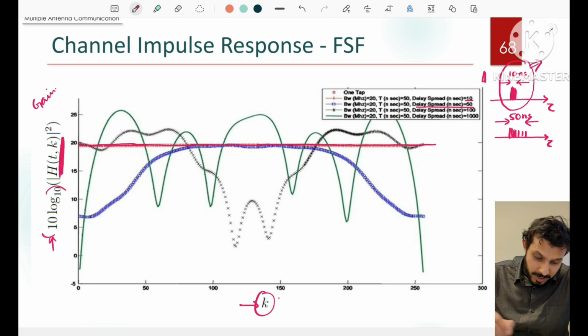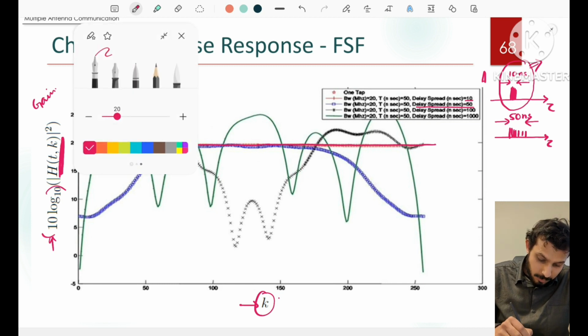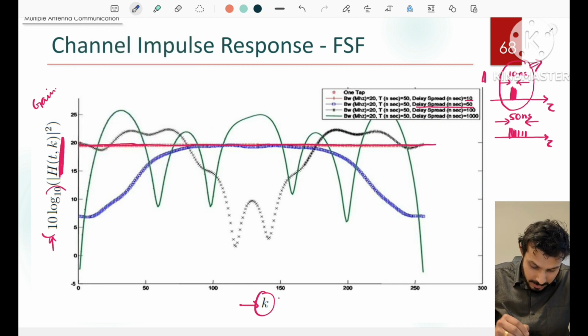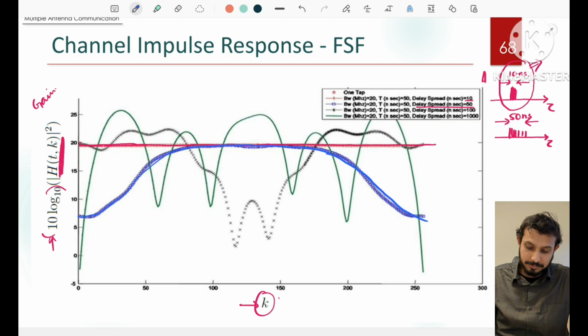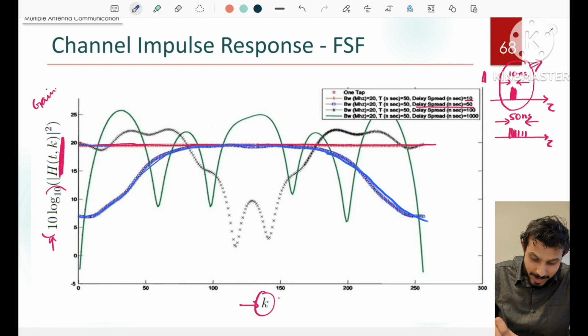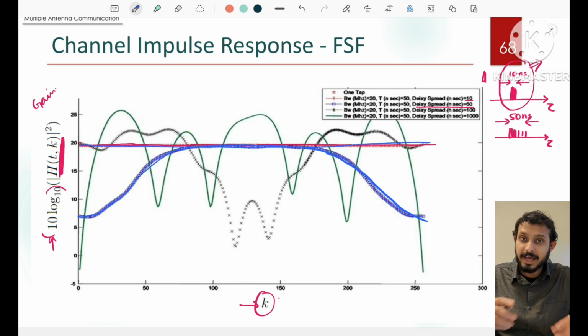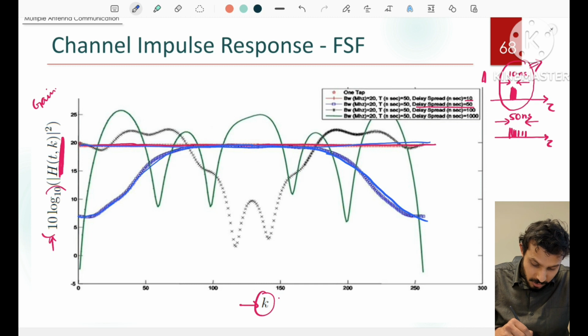Because of this spread, what we see in the frequency response is some fluctuation of the signal with frequency. Earlier the response was flat, but now that the spread has been increased, the response is not flat.